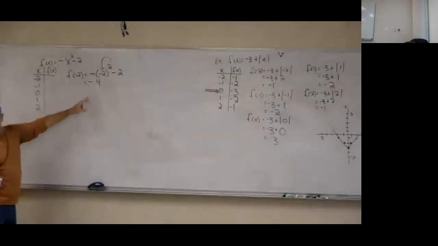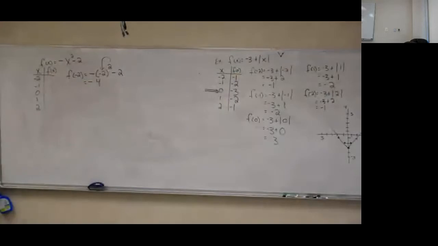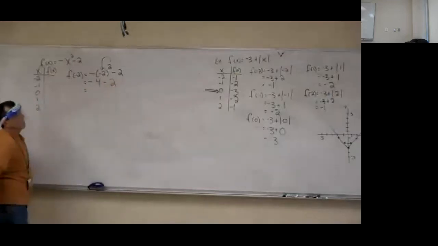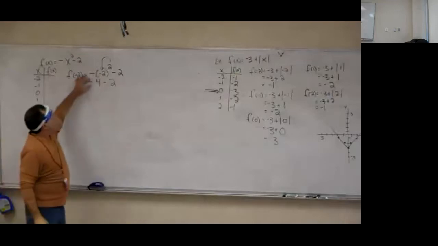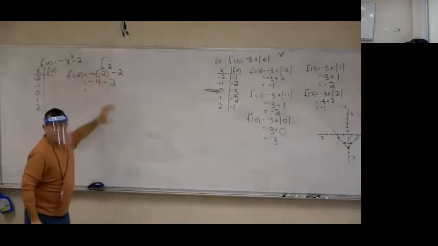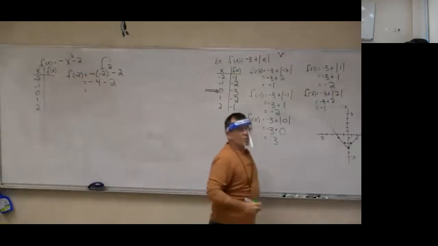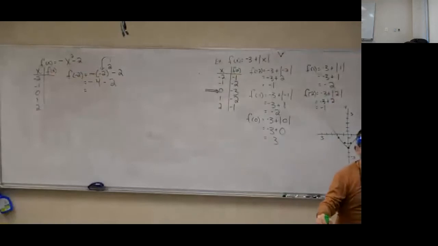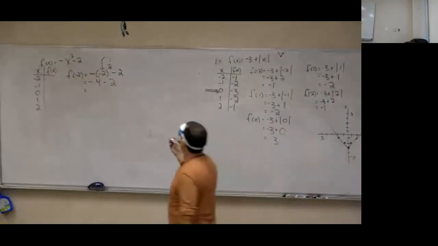But with the negative in the beginning, it's going to basically keep it negative. All right, then we bring down that minus 2. So now technically that negative that was sitting there is multiplied by that 4, making it a negative 4. So what would be a negative 4 minus 2? Negative 6. Negative 6.